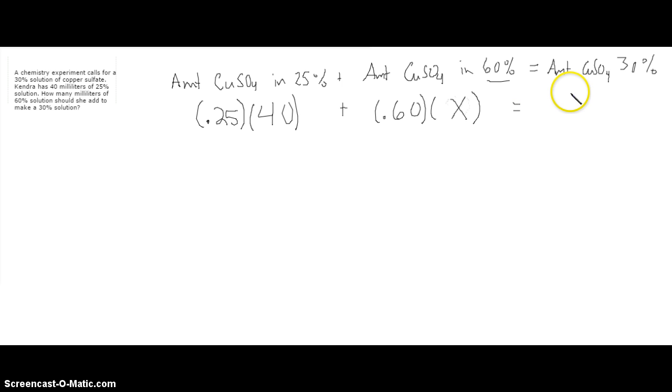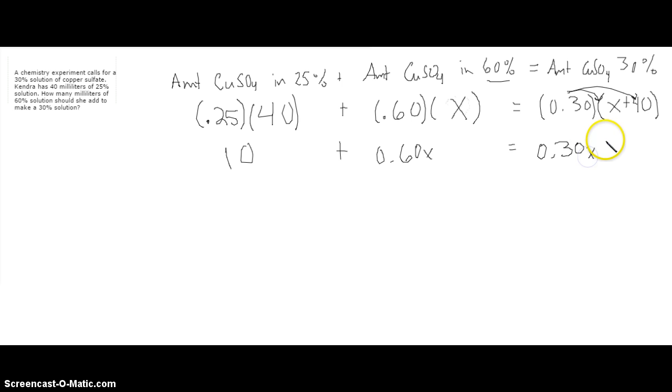And then we have the total amount, so our 30% or 0.30 times the total volume we have, which is x plus 40. So we're going to get 10 plus 0.60x equals, and then we'll distribute this, 0.30x plus, sorry, 12.